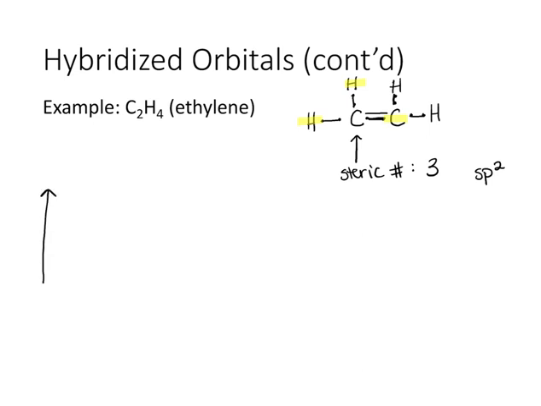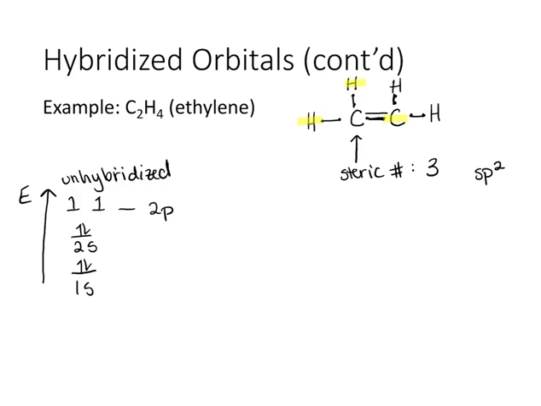So let's just refresh our memories on the unhybridized energy diagram for carbon. Okay, so this is the unhybridized energy diagram for carbon. There are only 2 unpaired electrons, and that doesn't quite make sense here.